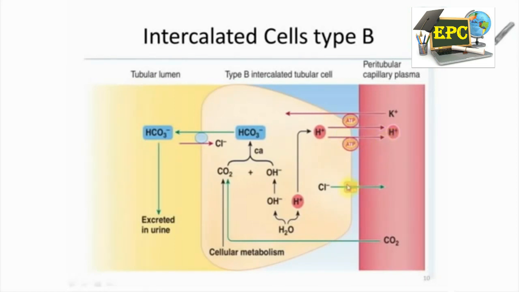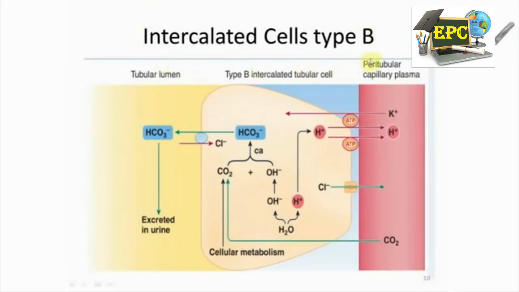Now, for acidosis and alkalosis, what happens to all of these three cells? In acidosis, the proximal convoluted tubule cells and the intercalated cells type A are going to increase their activity. By that, they're going to kick out the hydrogen ions and generate more bicarbonate and put it into the blood.